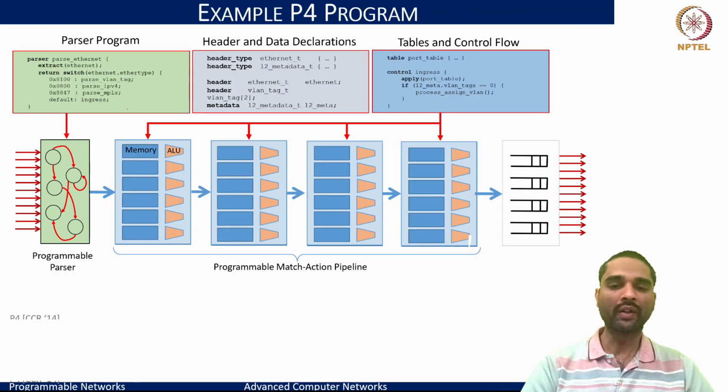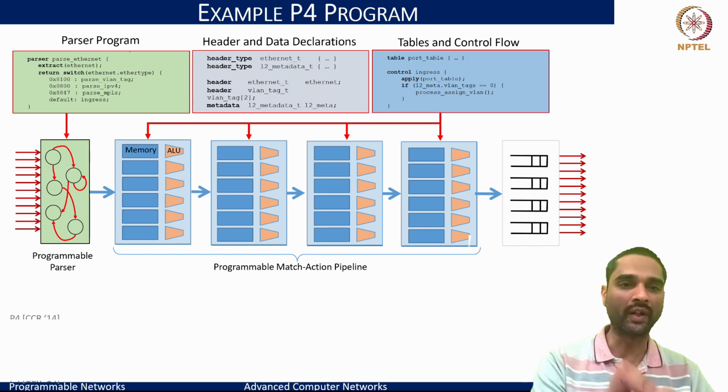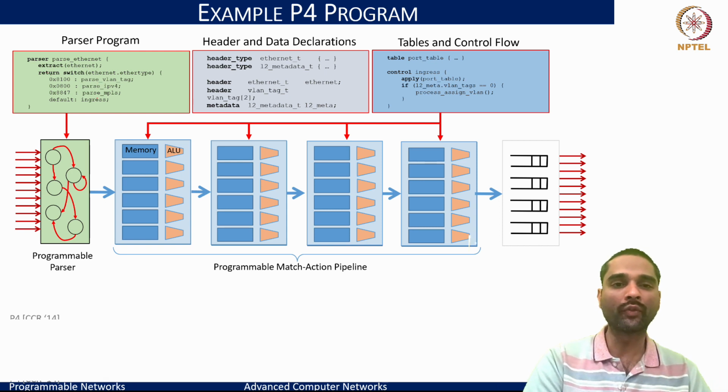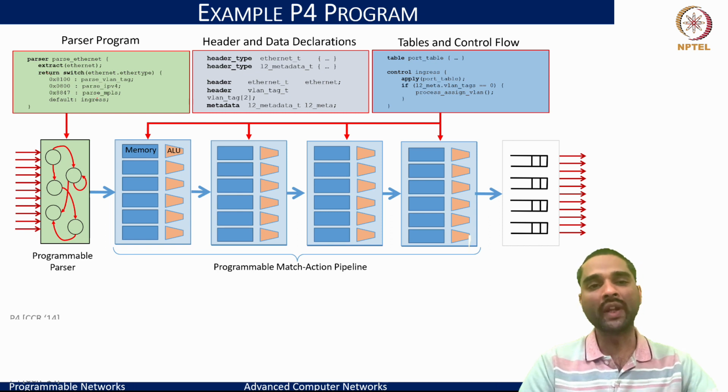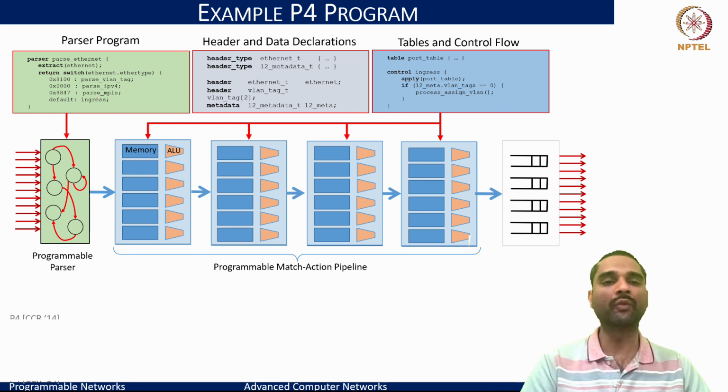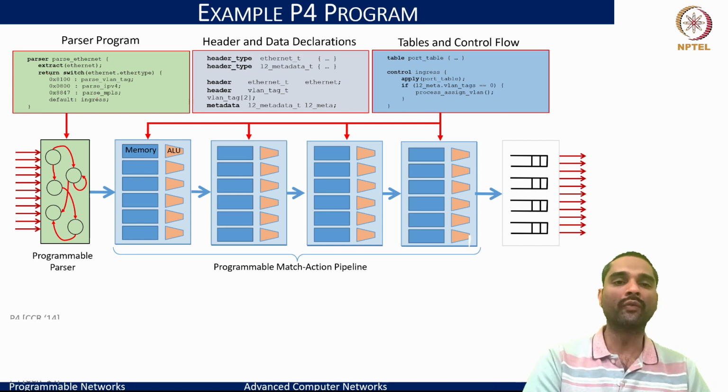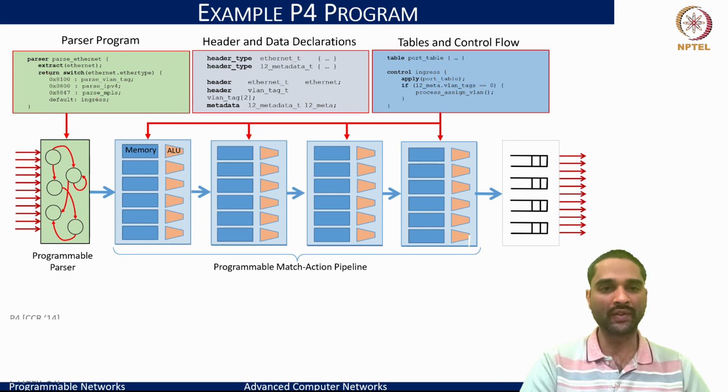And to put it in a simple perspective, for any packet that comes in, we would want to first parse the Ethernet header. And once we extract the Ethernet header, based on the Ethernet type, what would be the next parsing that we would want to do? Maybe we have a VLAN tag or IPv4 or MPLS header.